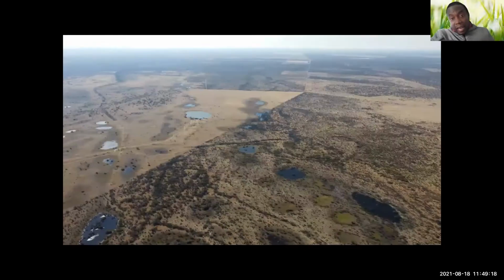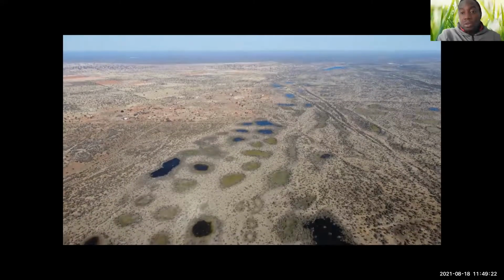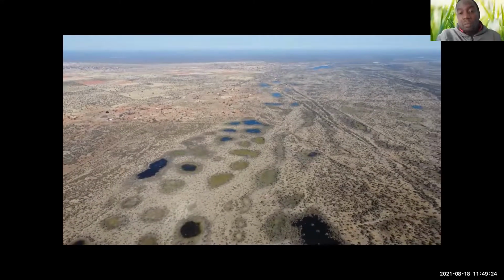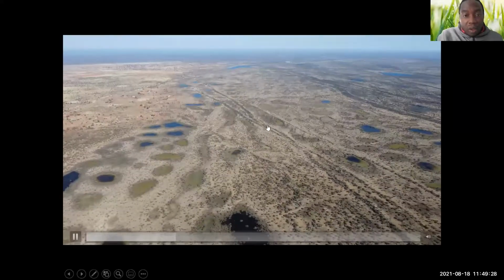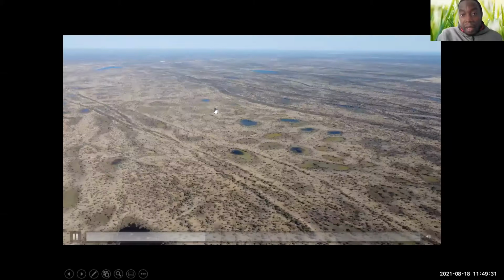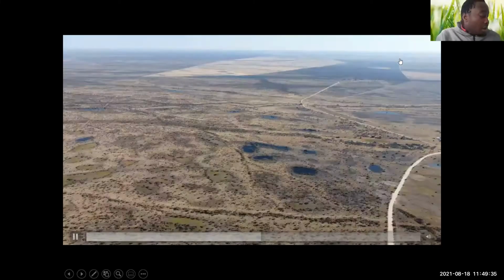And this area where you are seeing these ponds is a transitional zone between the communal areas here. Then you have this transitional area where these ponds occur, and then you have the commercial farms.